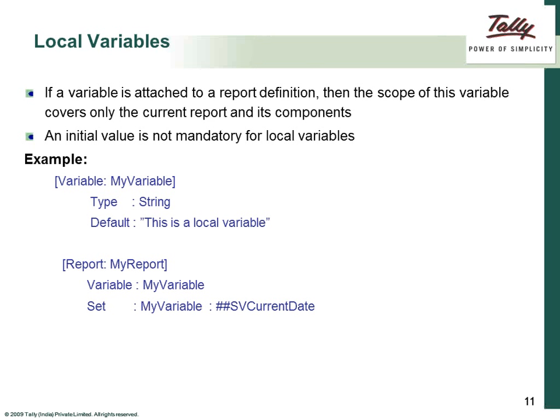As I said, initial values are not mandatory. You may or may not have initial values, but these are called local variables, and these need to be explicitly called in whichever report you want to use. Clear? Everybody clear what's the local variable?